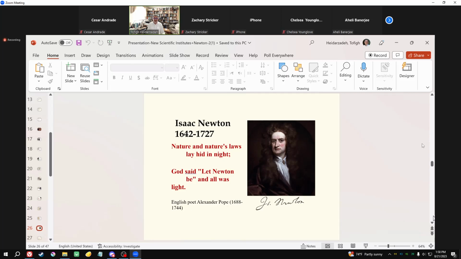For sure, if you want to divide the history of science in two parts, in the entire history of humankind, definitely the dividing point is Isaac Newton.